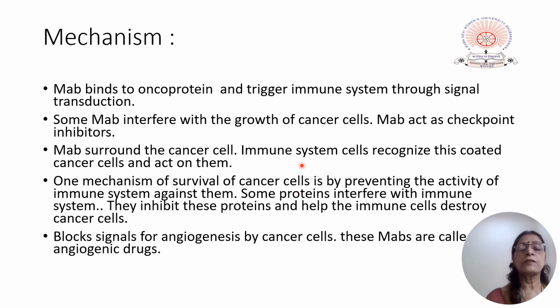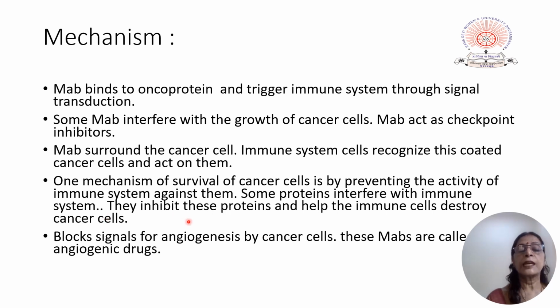Cancer cells survive in different ways. One method of survival is that they prevent the activity of the immune system. They produce certain proteins, and these proteins interfere with the immune system and block the access of the immune cells to the cancer cells.